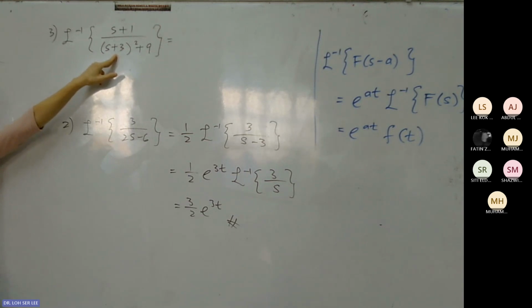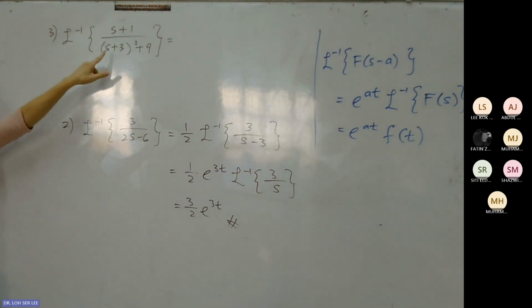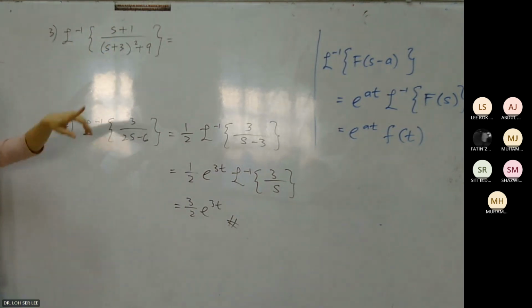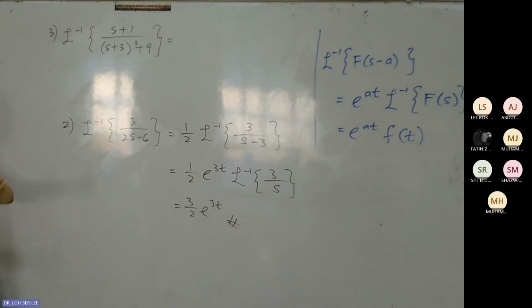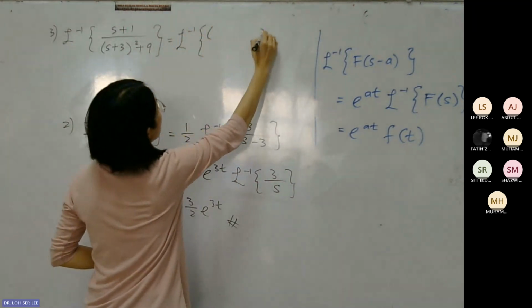If you want to apply the first translation property, you have to make sure all s from this function must be in the form of s plus 3. So we have an s here, and we have to do something to this s. We want to come up with an s plus 3. So you leave some space for the s.